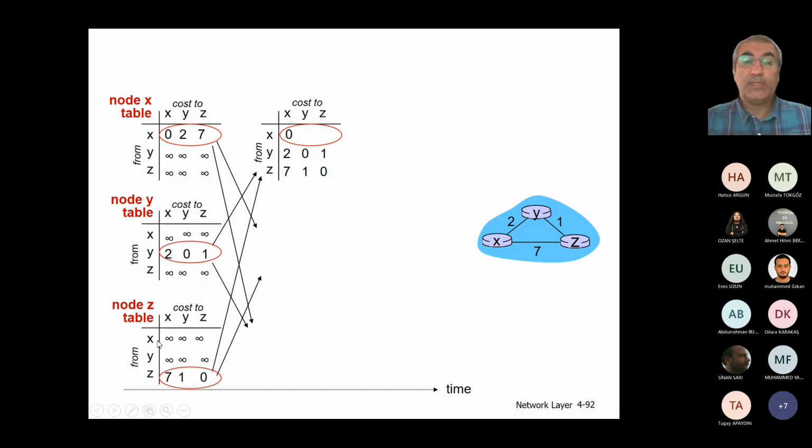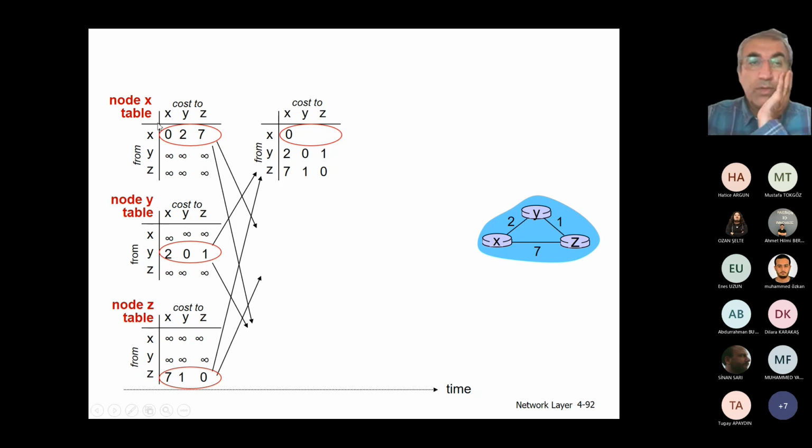And let's look at the node z table. From z to x is 7, from z to y is 1, and from z to z is 0. So these are the initial values in the tables, but we need to compute the remaining infinity values, the entries that have an infinity value.